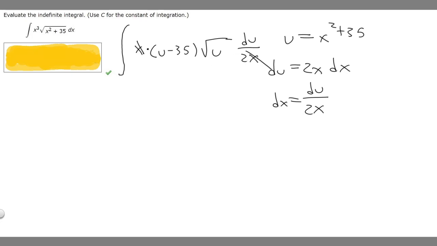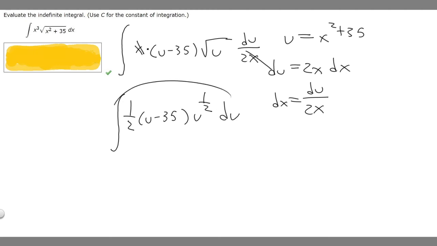So we're going to move it out front. So our new integral is going to become 1/2 times u minus 35 times the square root of u. I'm just going to write it as u to the 1/2 because they're the same thing. Times du.